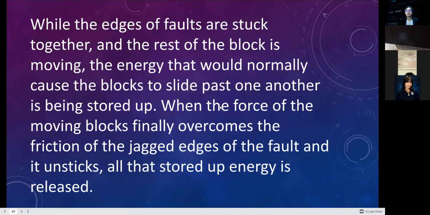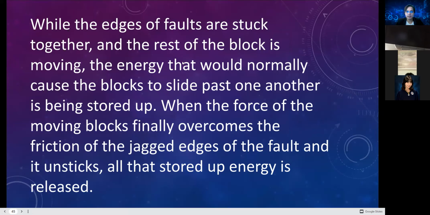While the edges of the faults are stuck together, the rest of the block is moving. The energy that would normally cause blocks to slide past one another is being stored up. When the force of the moving block finally overcomes the friction in the jagged edges of the fault and it unsticks, all the stored up energy is released.